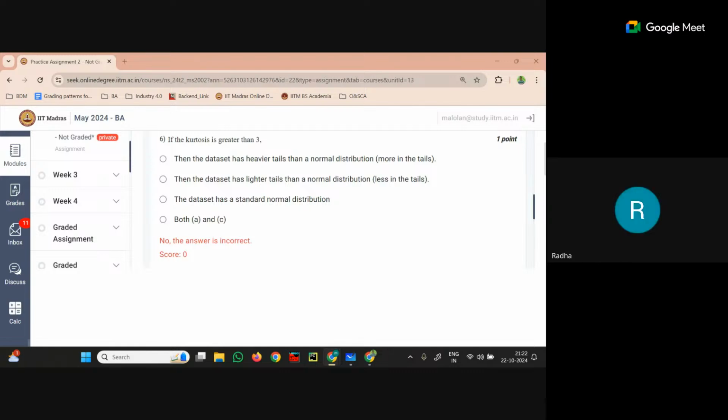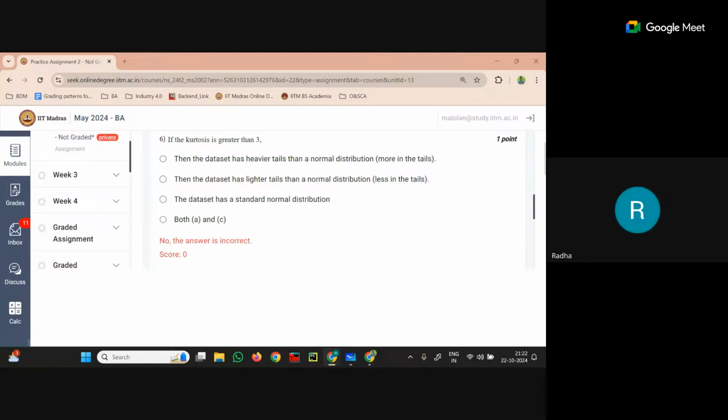Actually, it says if the kurtosis is greater than 0, it has fat tails and a sharp peak, indicating more outliers and extreme values. Example, heavy tail distribution. Very long and skinny tails.